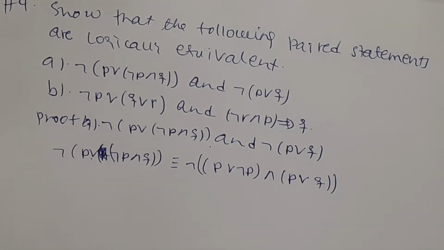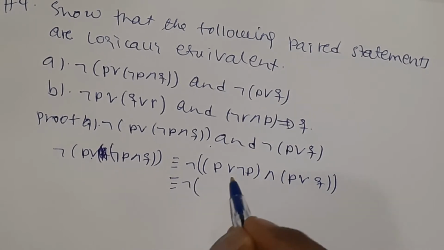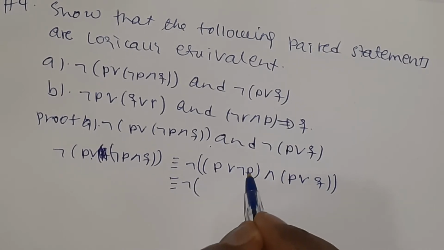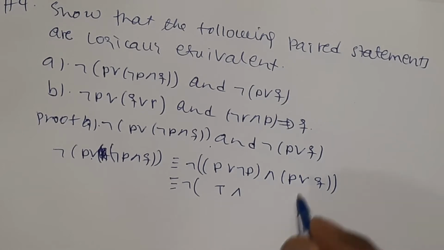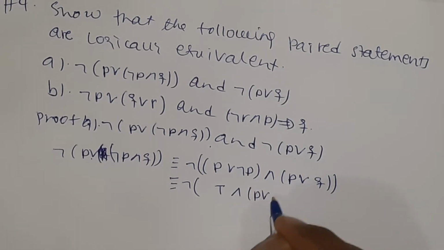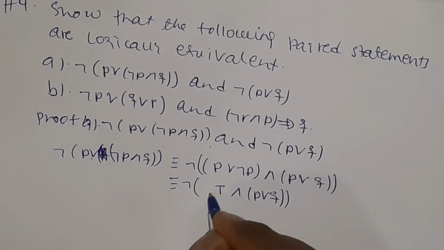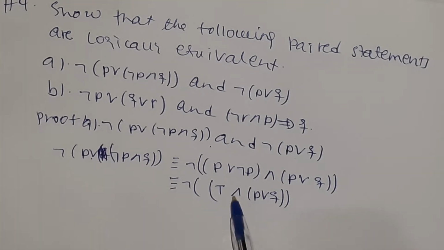P or Q. Again, the equivalent with the negation of P or negation of P is true, and this one, that is P or Q. Since it is a conjunction and this one is true, the truth value of this compound statement will depend on this one.